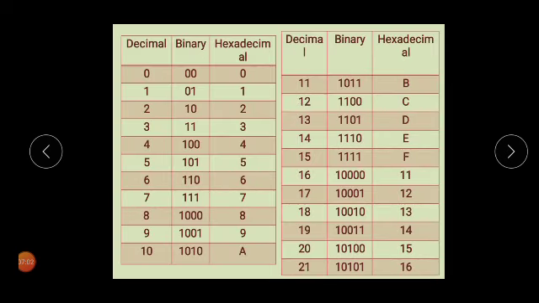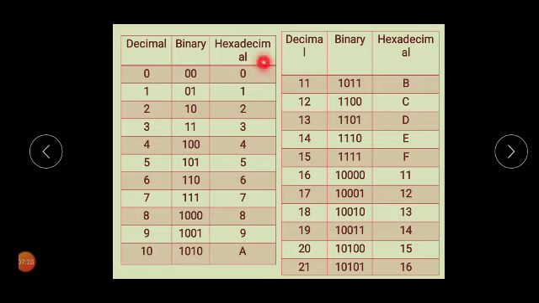Okay. Because in this video I am going to concentrate on the decimal number system, binary number system and hexadecimal number system, I have given the equivalent values of the three number systems. See, this is your decimal number system, from 0 to 10, then here we have 11 to 20. So what are those equivalent values in the hexadecimal number system?